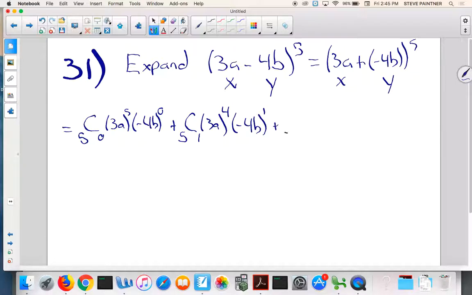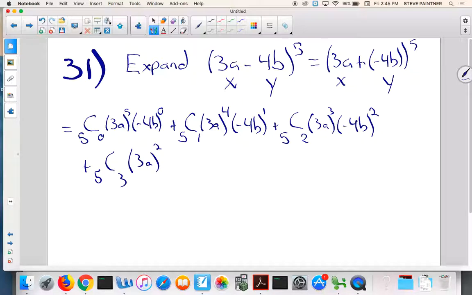Our next term, 5 choose 2, 3a to the third power, negative 4b to the second power. Next term, 5 choose 3, 3a to the second, negative 4b to the third.